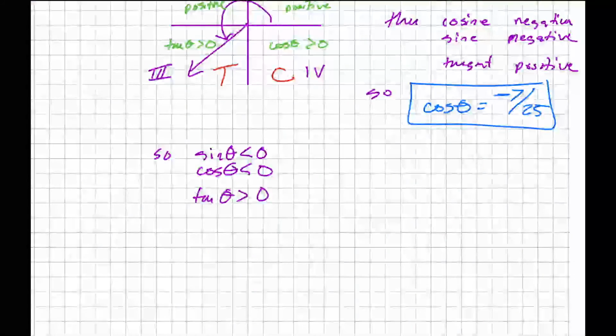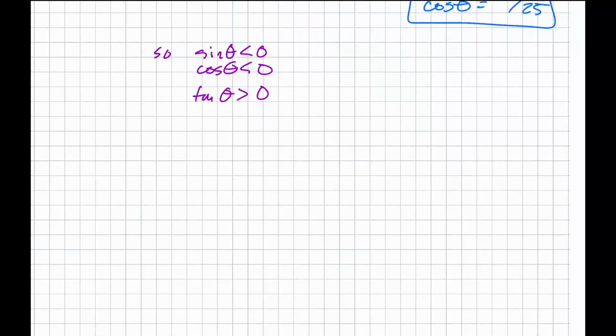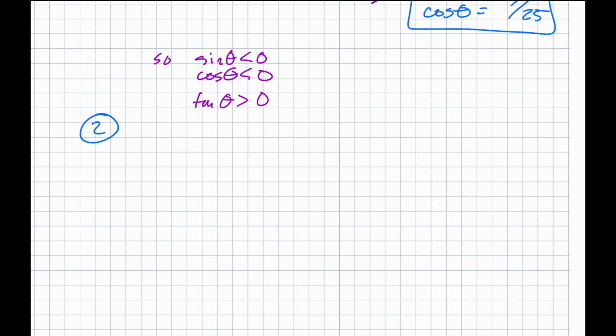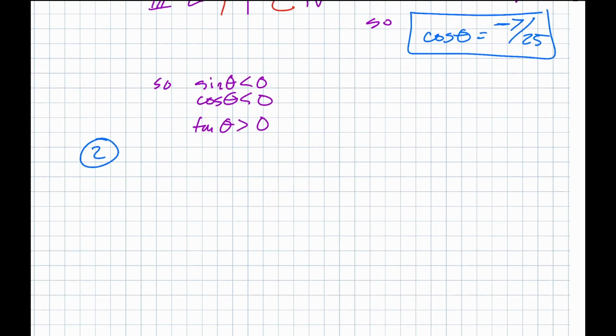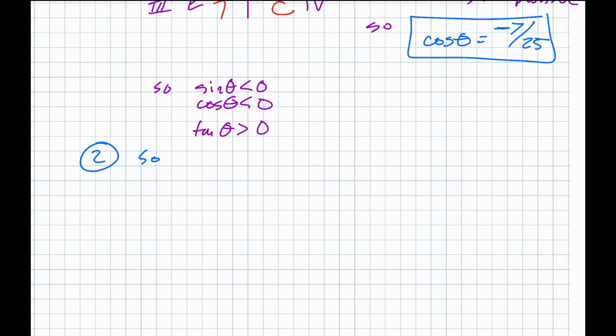Let's finish this off now. So once we have that, now we can use our formula now that we have the cosine. So we know now that sine theta was negative 24 over 25, and cosine theta is now negative 7 over 25.